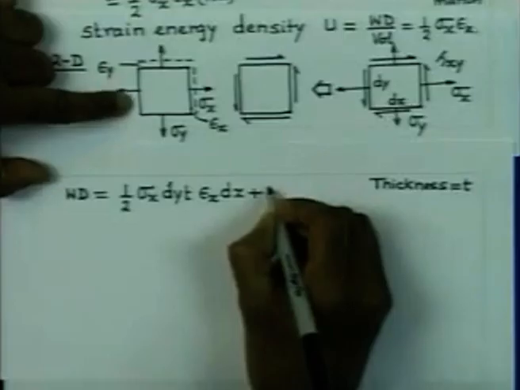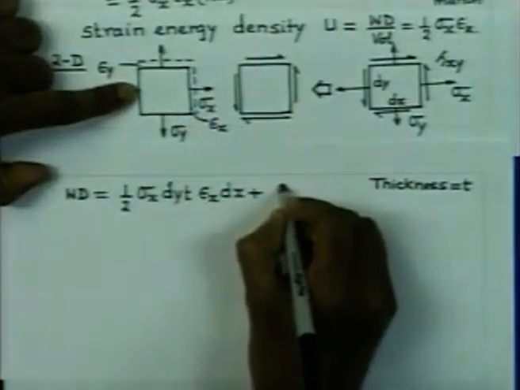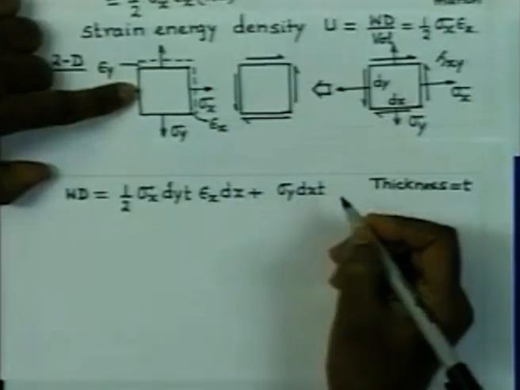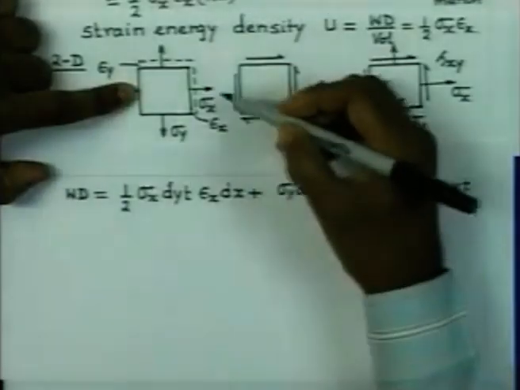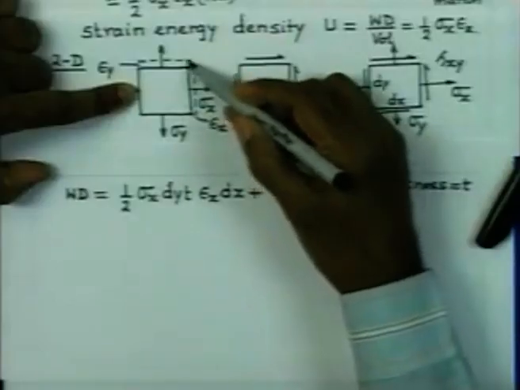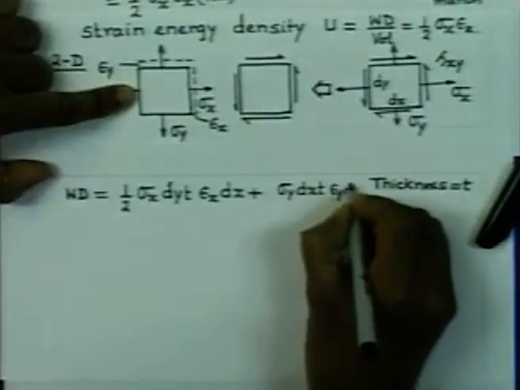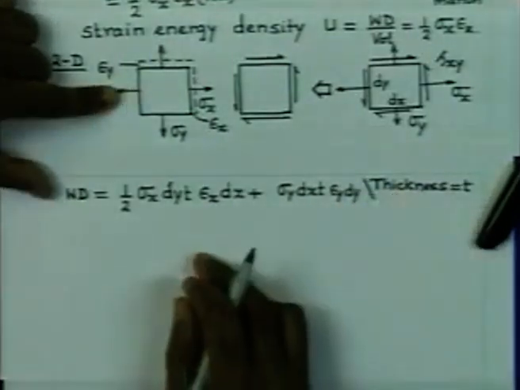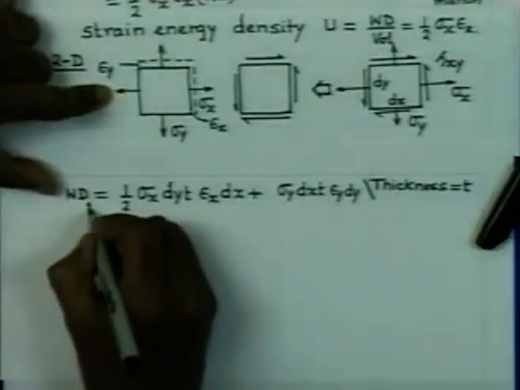Similarly, the force acting on this face is nothing but sigma y into dx into T, and the distance by which the movement has taken place is epsilon y into this distance dy. So, epsilon y into dy. That is the work done by the y force. Let us consider this is WD1.